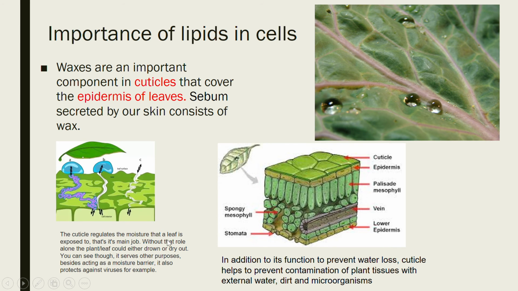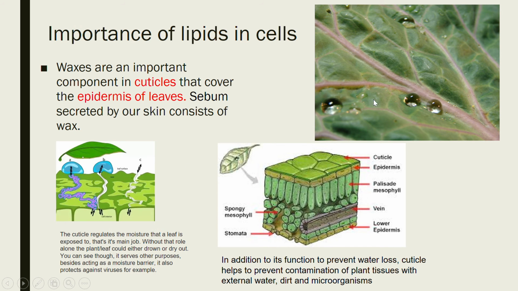Without that role alone, the leaf may dry out. Besides being a moisture barrier, it also acts as a protector against viruses and pathogens. So we say the main function of the cuticle is to prevent water loss, and to prevent contamination of plant tissues with external water.